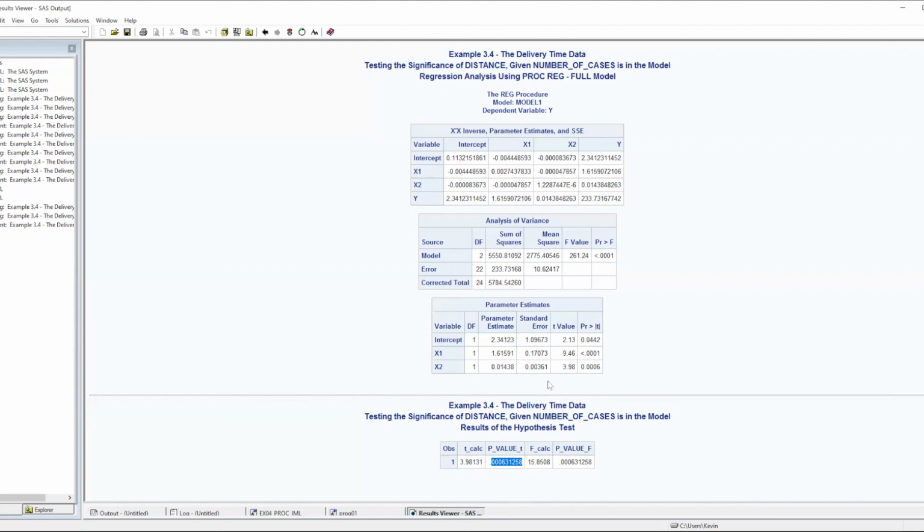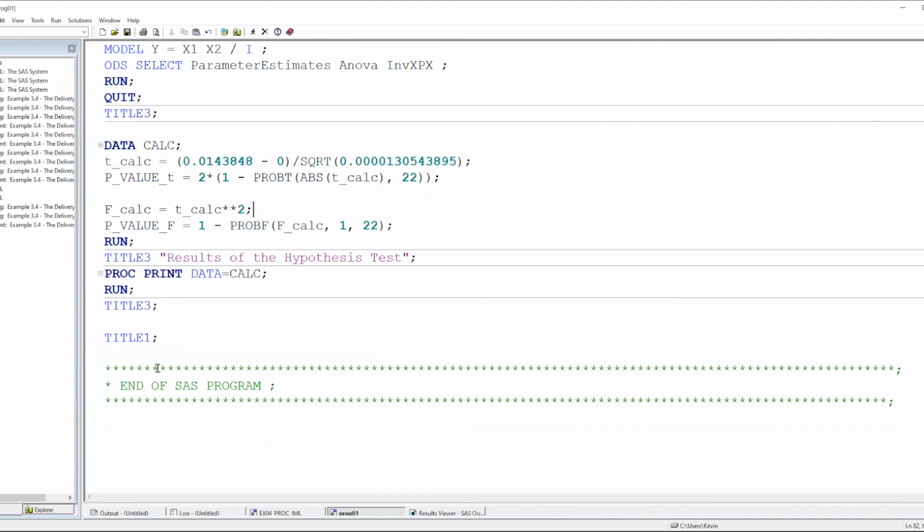And so the bottom line is that this hypothesis test that we did by hand, essentially, by obtaining the point estimate for beta 2, by obtaining the estimate of sigma squared, and then multiplying that against this quantity to get the estimated variance of beta 2 hat, taking its square root, and then constructing the t-statistic programmatically in this data step down here.